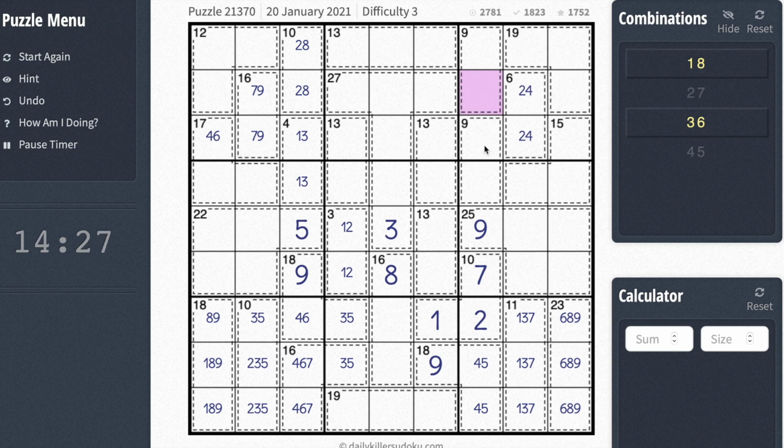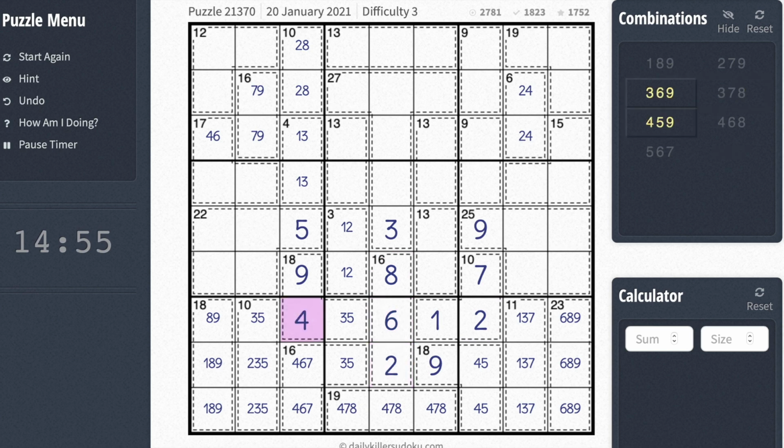Okay, so 3, 6, 1, 8 looked like the 2 combinations for these 2 9 cages. We'll see which way around they go in a moment. Now that we put the 9 in here, we can take 9s out of possible combinations for this, making this a 4, 7, 8. And then here, we've now got 1 and 7 in this cage, so we can fill in a 2, 6. And we've got a 2 here, so that's a 6 and a 2.